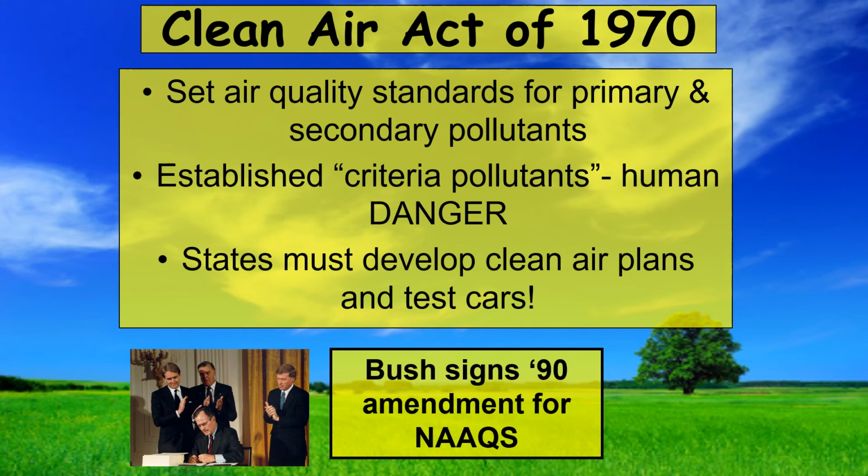The way they do that is they attach sensors onto the tailpipe of the car, and they measure how many emissions are coming out of the car. And if you exceed the allotted emissions, you have to pay to get that fixed. In 1990, President Bush did sign the amendment for the National Ambient Air Quality Standards, and that set actual limits on things to be emitted in the air.